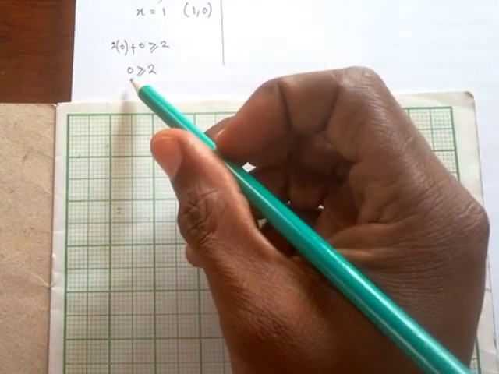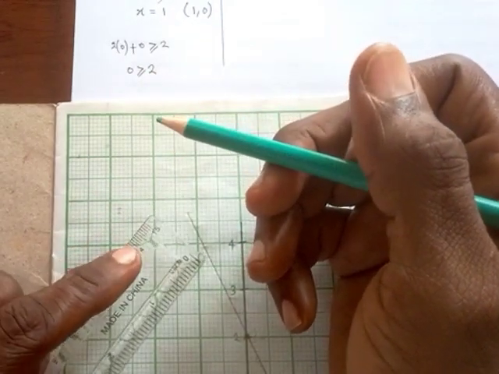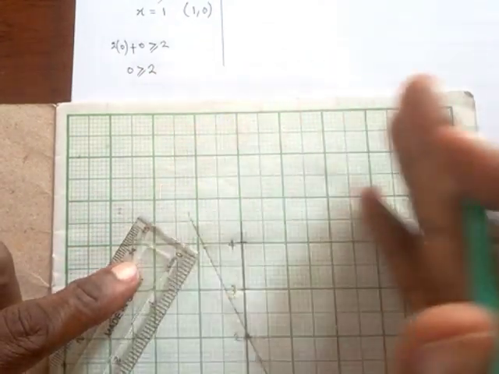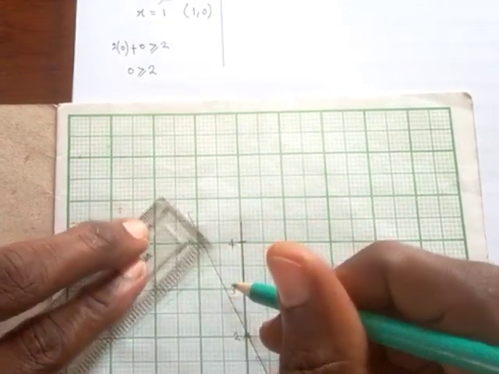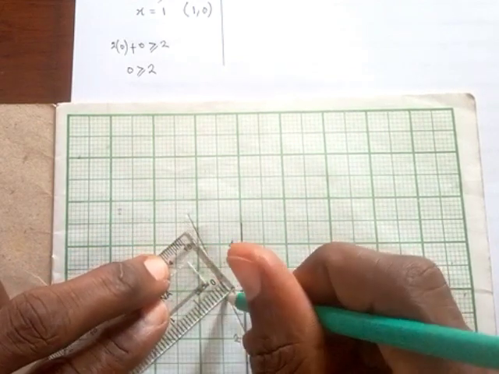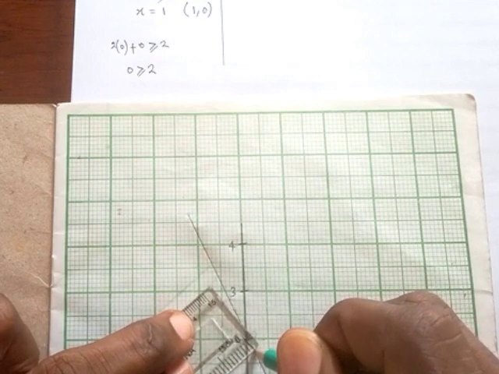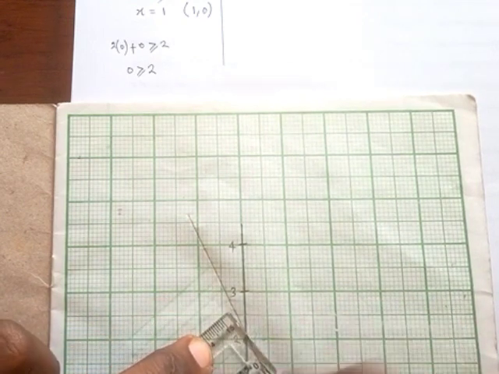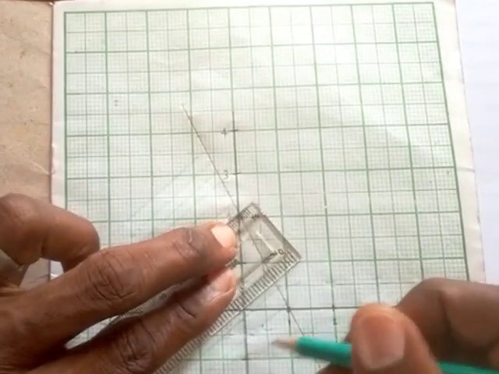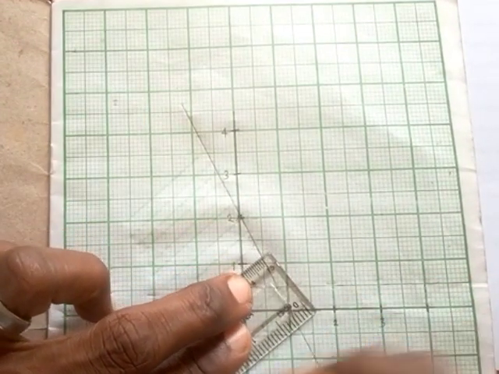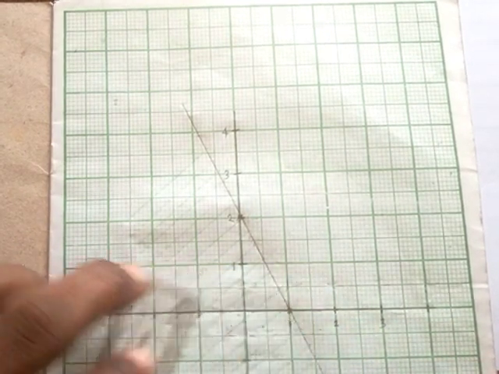So 0 is greater than or equal to 2 talks about this region, so we're going to shade the unwanted region.